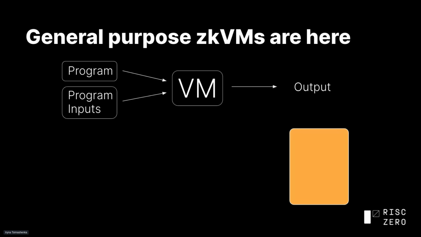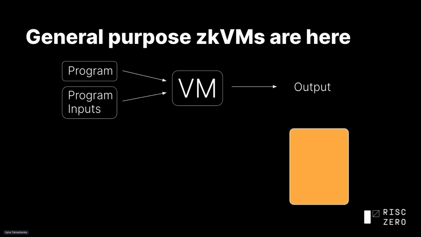Plus, we have continuations, which means that you can generate ZK proofs at very high speed, and you can generate ZK proofs of very large programs and code. It's very similar to Polygon and ZK Sync, but we have our advantages.